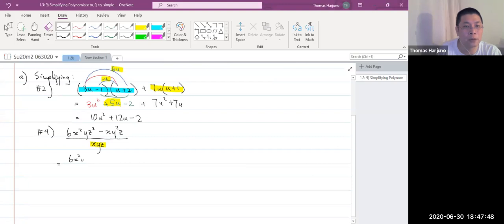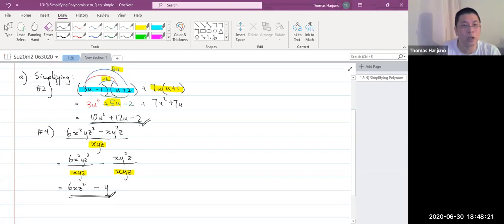So I rewrite the first term on the top over the denominator minus the second term on the numerator over the denominator, the single term there. So if it is only one term at the bottom, I split them. And then from there, I simplify one by one. I get 6xz squared minus y. Later on, we will learn what happens if we divide by two terms.